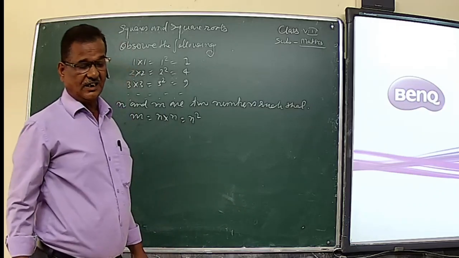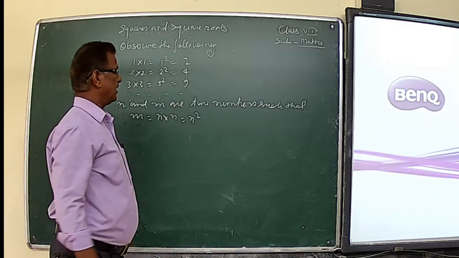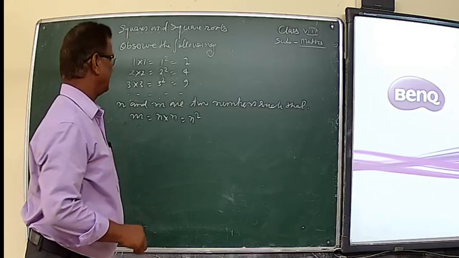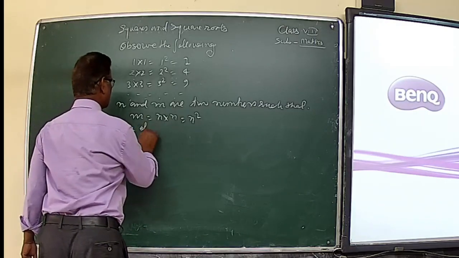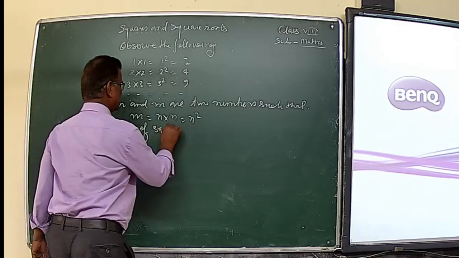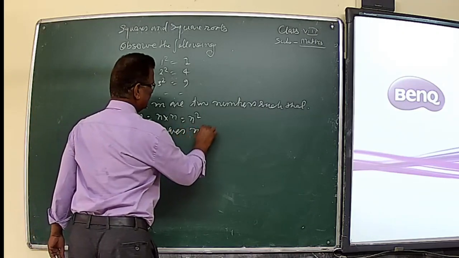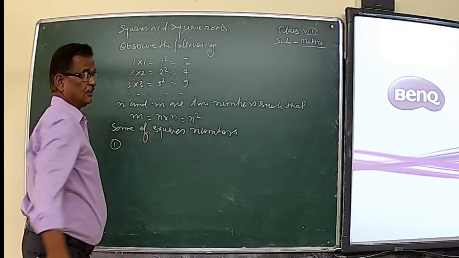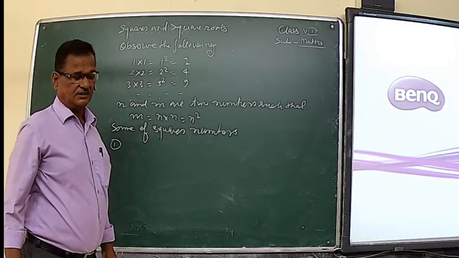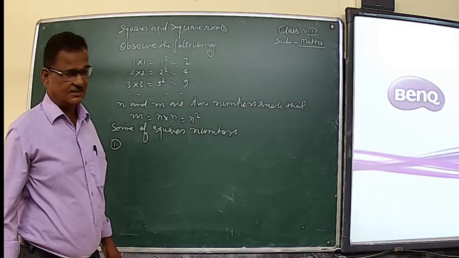Now there are some properties of square numbers. First property: the square of an odd number is odd, and the square of an even number is even.